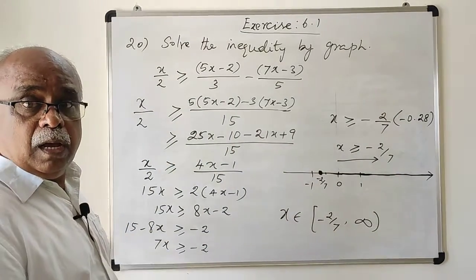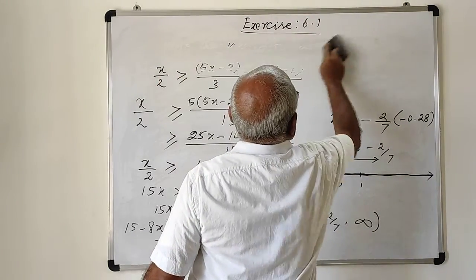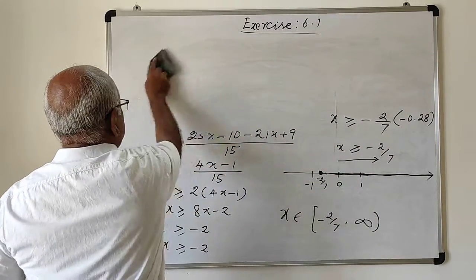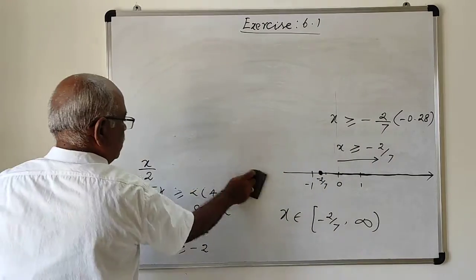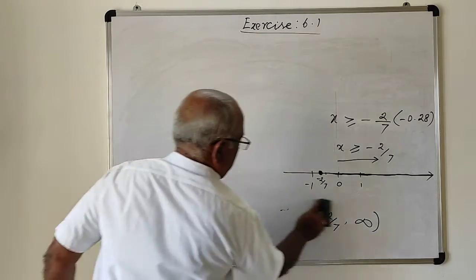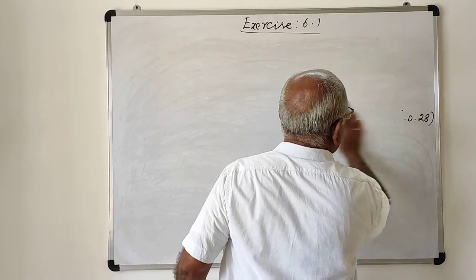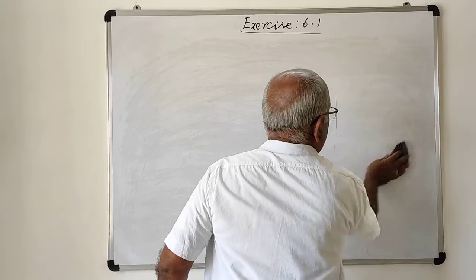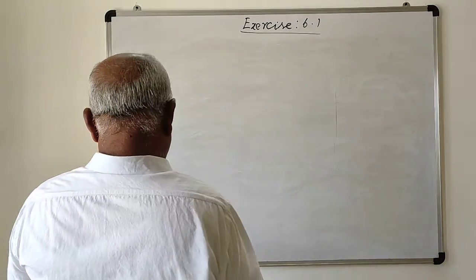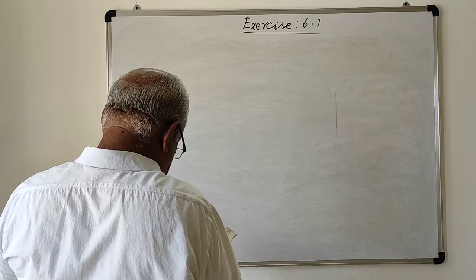Next, our problem 21. Problem 21 is given as: Ravi obtained 70 and 75 marks in the first two unit tests.